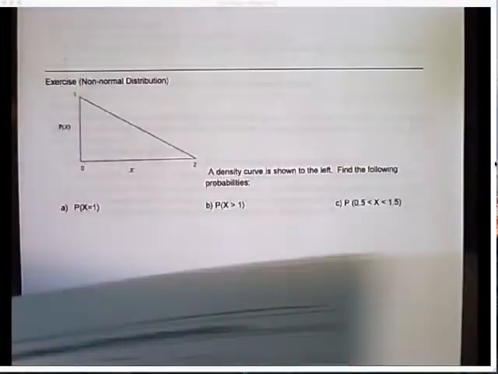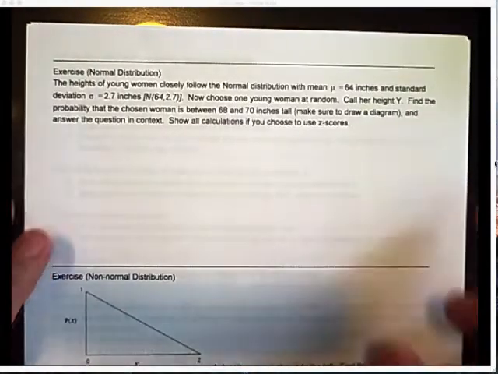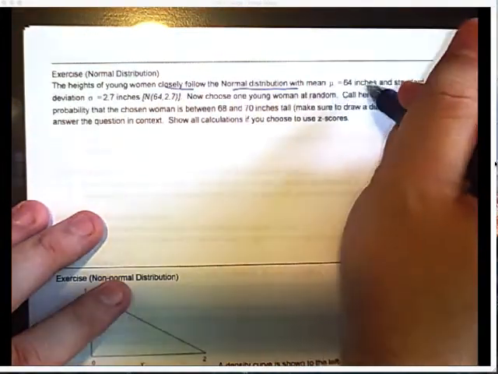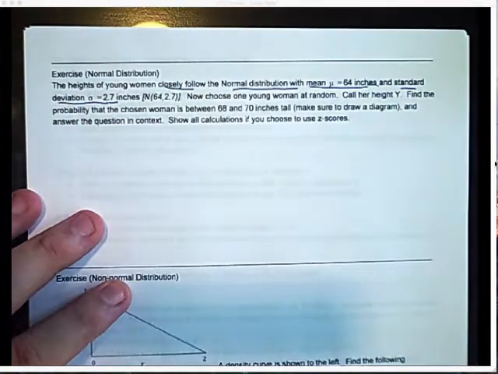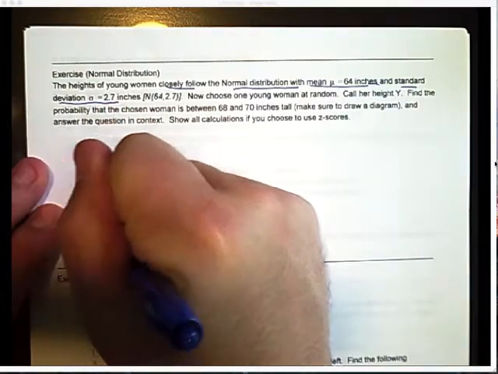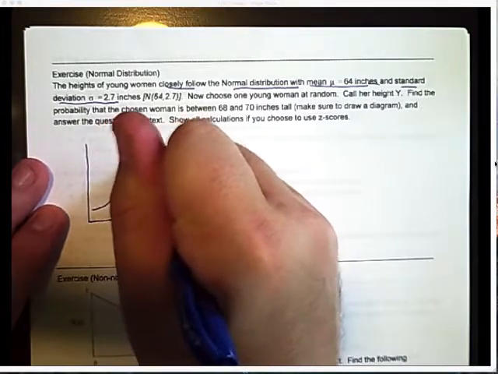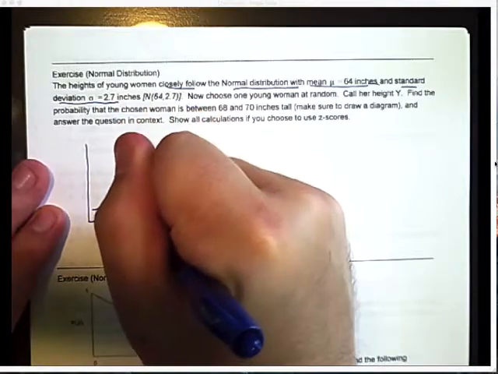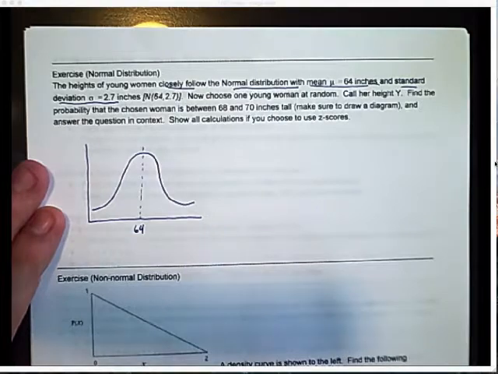So going on to the next page. So let's just kind of review normal distributions. All right. It says the heights of young women closely follow the normal distribution with a mean of 64 inches and a standard deviation of 2.7 inches. All right. So if I start to draw this curve, it says it closely follows the normal distribution, so I'm going to draw my bell curve. All right, and right down the center, I'm going to put 64, because that's the mean.